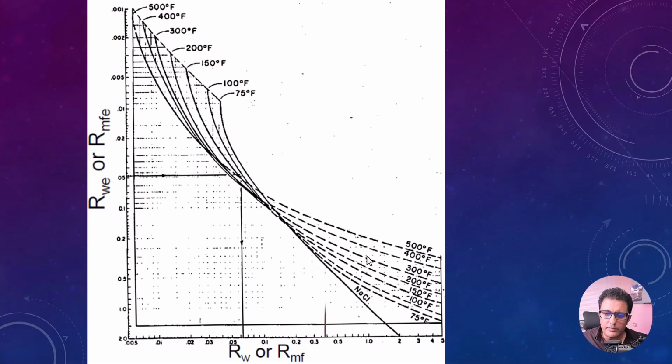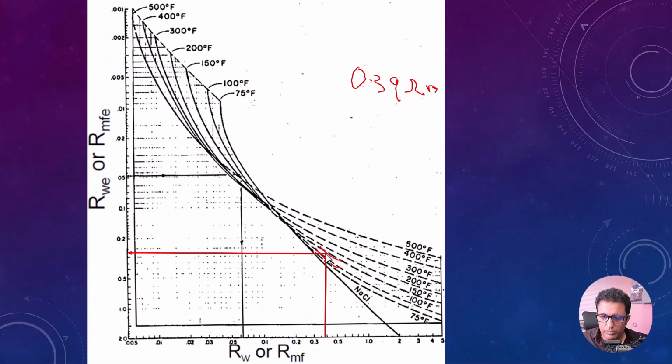So in this example, the value of RMF was about 0.39 ohm meter, and we find that value and draw a line. So the temperature in the formation is about 129, so it lies between the contours of 100 degree Fahrenheit and also 150 Fahrenheit.